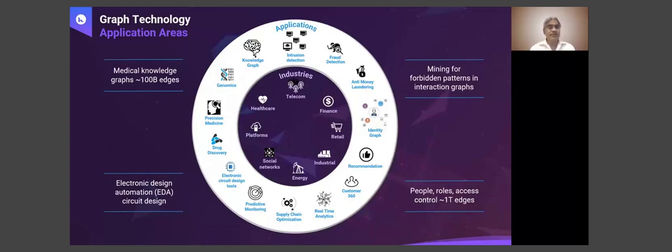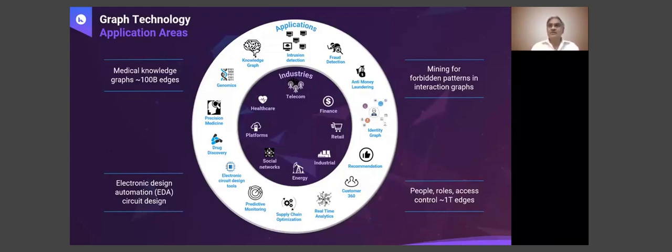The final area I'll mention is medical knowledge graphs. So precision medicine, hypothesis generation for drugs. Here, the problem is you have a lot of medical data and you want to represent that medical data in one big graph. This is called a medical knowledge graph.